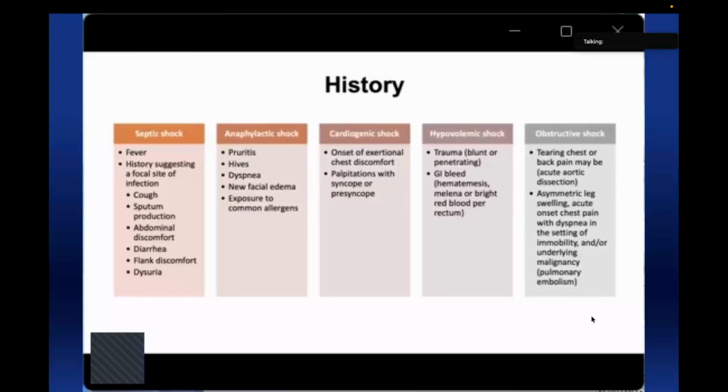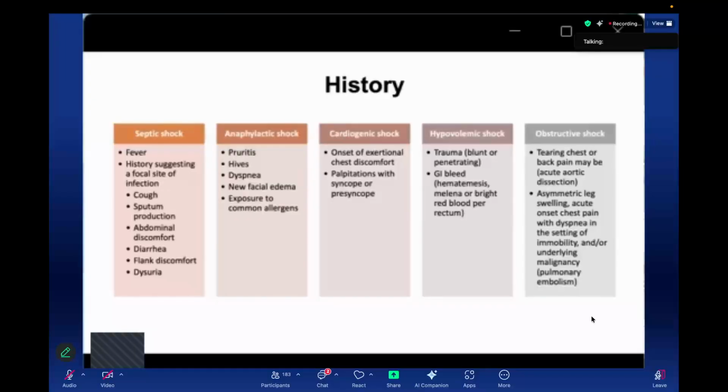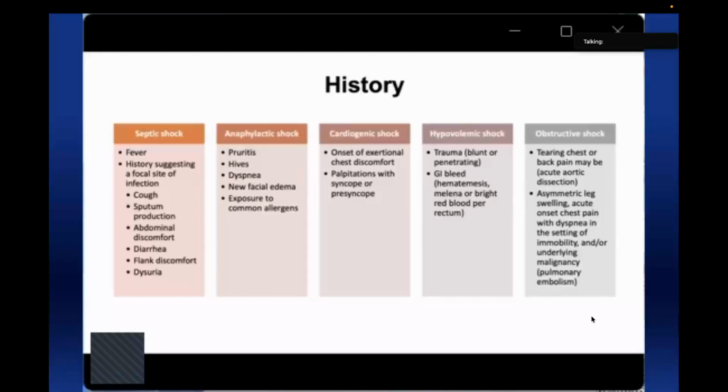In hypovolemic shock, sometimes the history is glaring with trauma, blunt or penetrating, or there is a GI bleed. In obstructive shock, there will be tearing chest or back pain, maybe caused by aortic dissection, and you have asymmetric leg swelling, things like that.